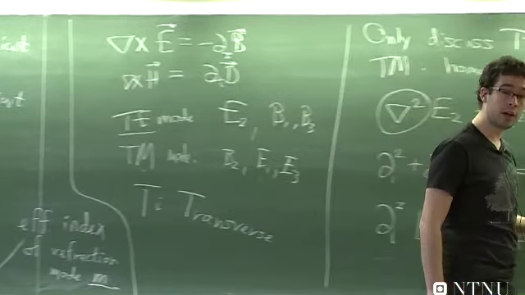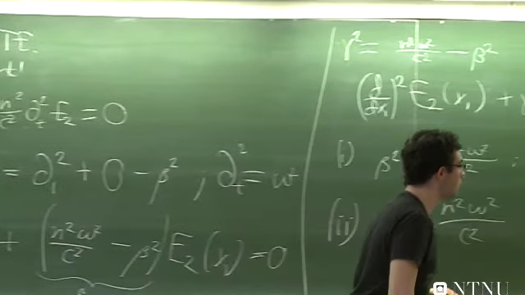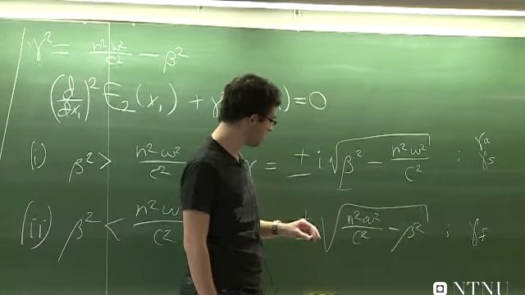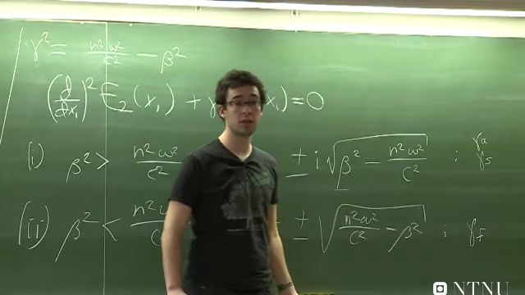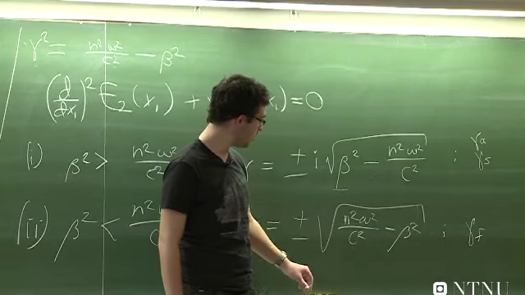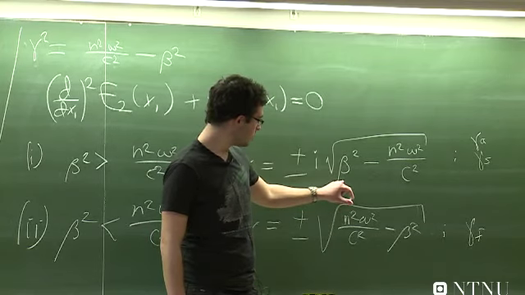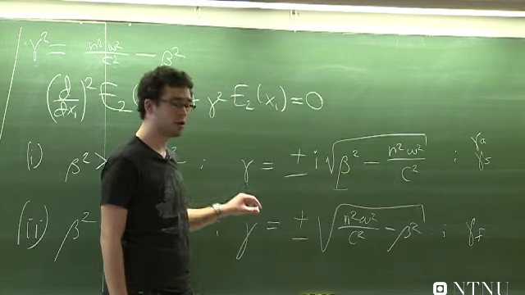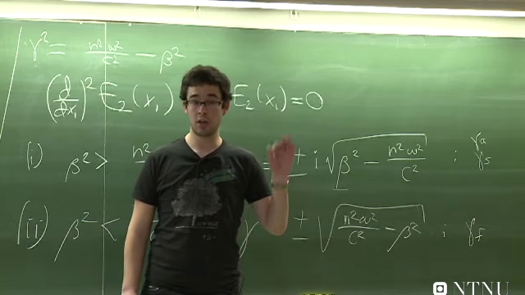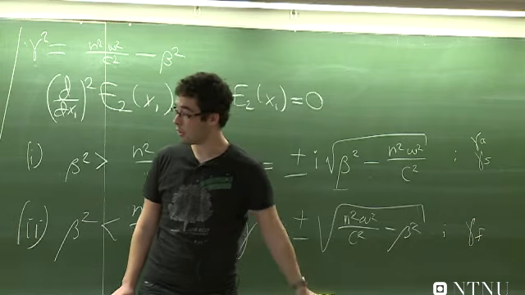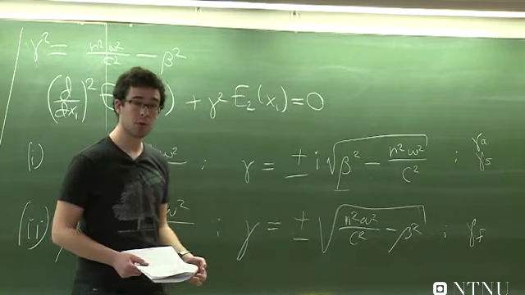So we recall that to have a propagating mode, you needed a k parallel which was smaller than omega over c. Otherwise you get this evanescent behavior. If you solve this for beta, then you'll have a real number and an imaginary number, and that will give you this attenuation behavior.